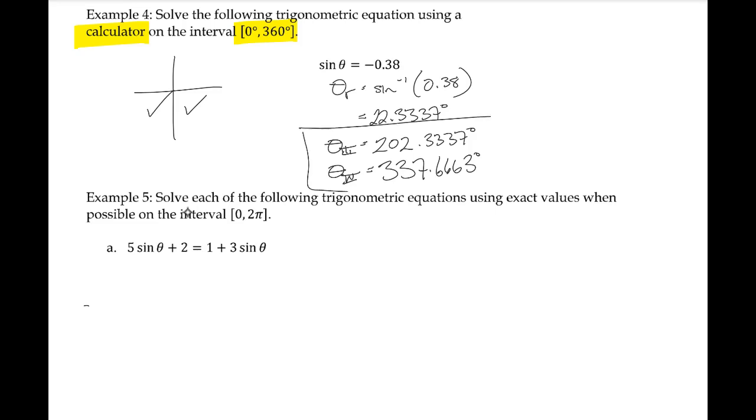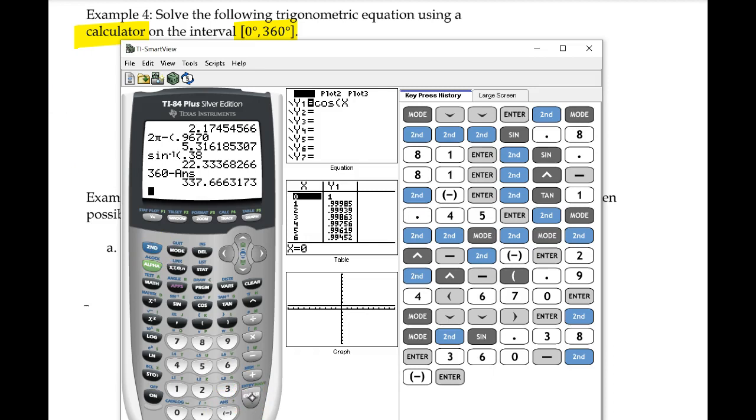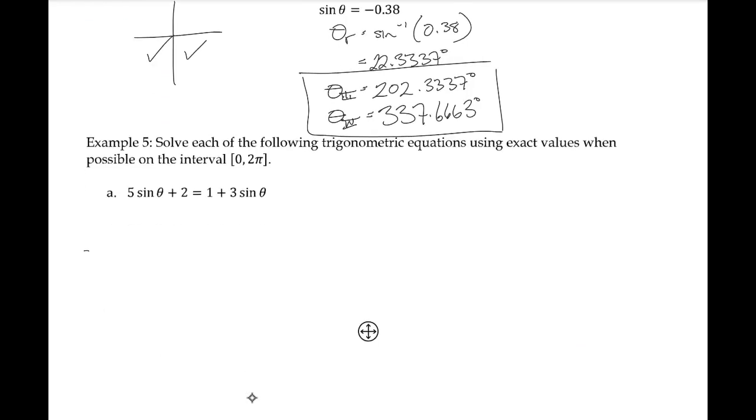And if you have to use your calculator for that, double check my mental math to see if that's right. I'm going to do that, actually. 360 minus 22.3337 equals, yes, perfect. Just working with those long decimals kind of throws me for a loop.